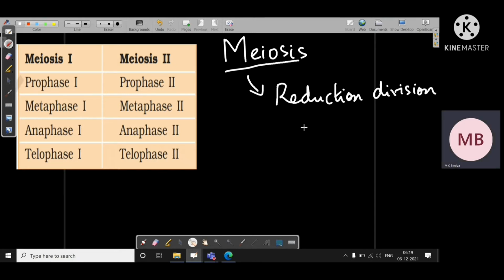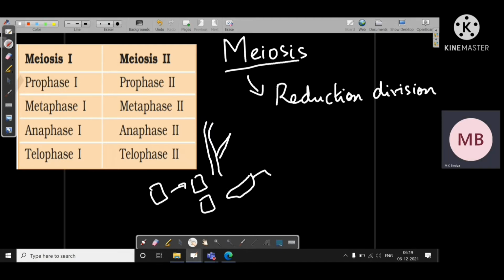While mitosis is a cell division that is required for cell growth, like growth of the stems, growth of new branches, or in the case of animals, the skin for skin repairing, to grow the number of cells, to increase the number of cells and help in growth. That's what mitosis is for, whereas meiosis is for producing gametes.